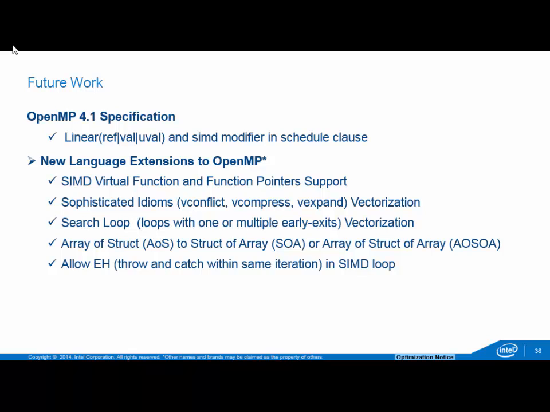We have a whole set of new hardware features we are working on, and we have to implement them in the compiler, like V-conflict, V-compress, V-expand, and outer loop vectorization, array of structures to structure of arrays converting, and how to deal with exception handling for C++ code inside the SIMD loop. So there's a long way for us to really satisfy our customers with a lot of new features. In the future, we can work on adding them to OpenMP and the compiler.